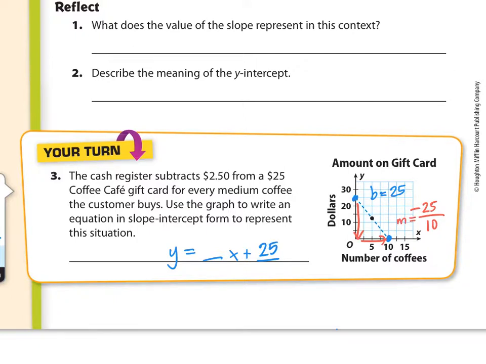I could divide top and bottom by 5 and get negative 5 over 2, or if I actually divided it, it'd be negative 2.5, because 2 goes into 5 2.5 times. I'm going to put the fraction, negative 5 over 2, and there's my equation.